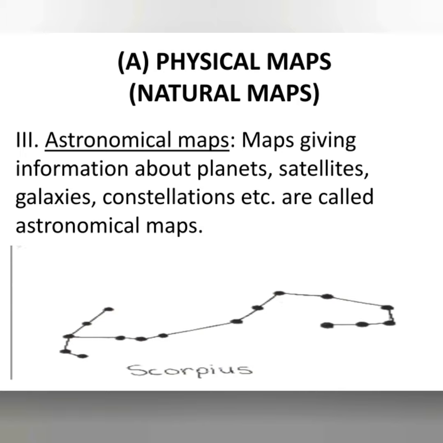Here in the image you can see a constellations map. Students, constellation means a group of stars that forms a pattern and has a particular name. Like here you can see a group of stars making a particular pattern.